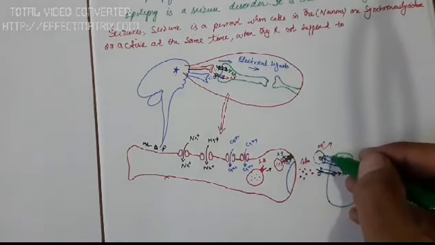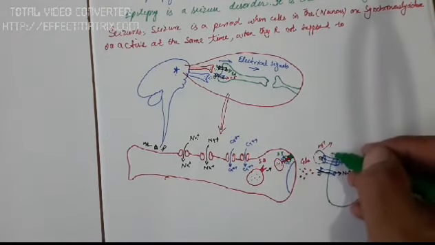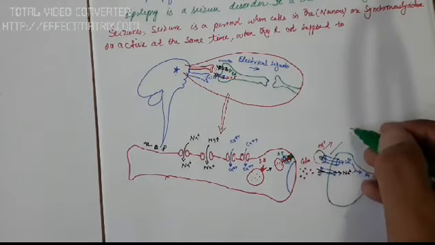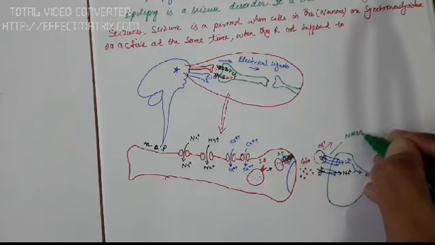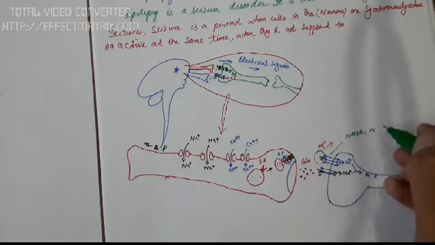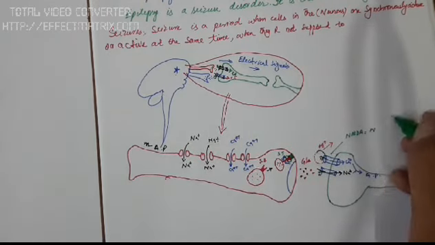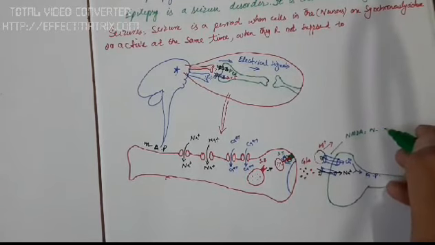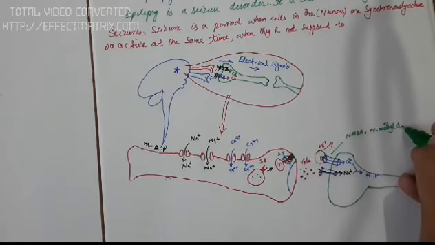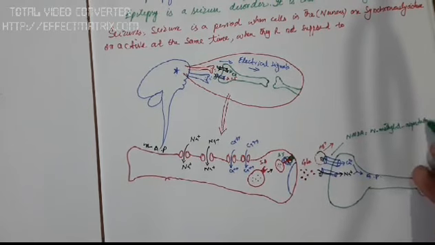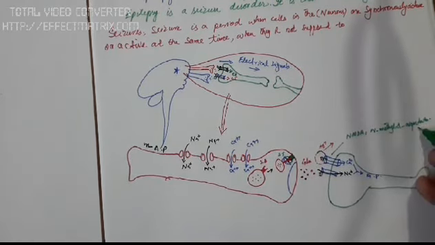This is called the NMDA receptor because, instead of GABA, instead of glutamate, this is also a receptor for N-methyl D-aspartate molecules.